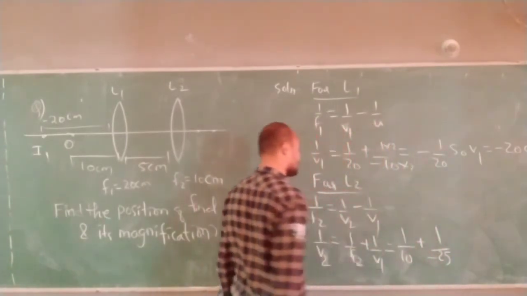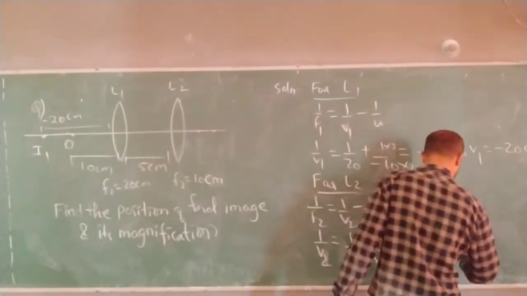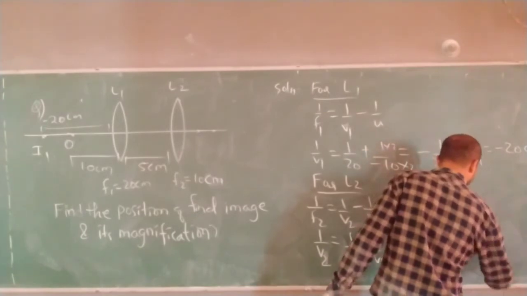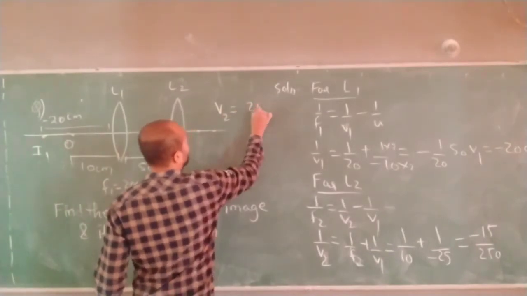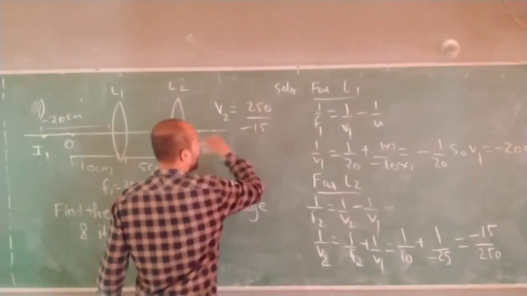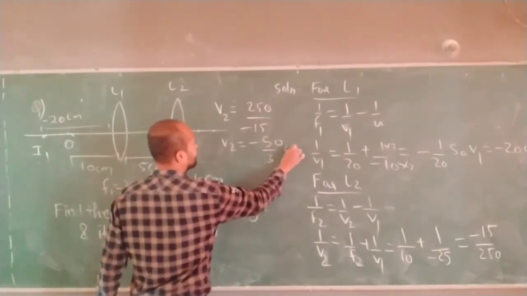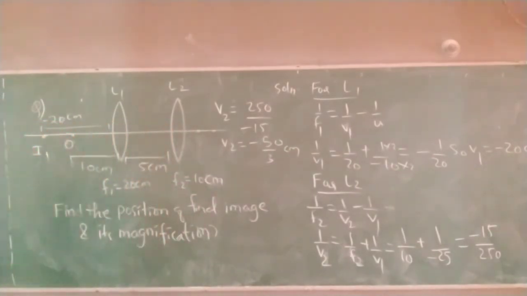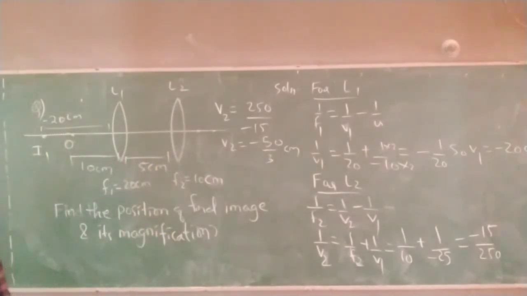So minus 25 plus 10, minus 15 divided by 250. So v2 is 250 divided by minus 15, which is minus 50 by 3 centimeter.